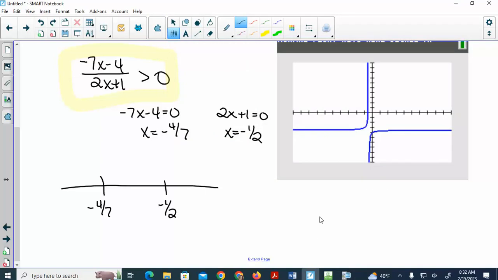Before negative 4/7, my graph was below the axis, so that is negative. Between them, positive. Then after it was negative. We look at our inequality: greater than 0, which is positive. So between negative 4/7 and negative 1/2. There is no equal to, so everything gets parentheses.